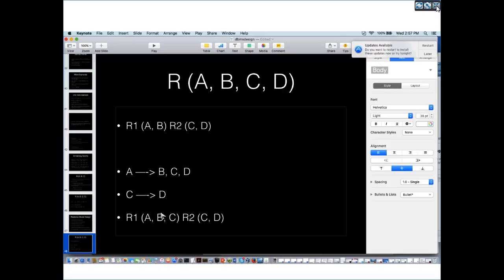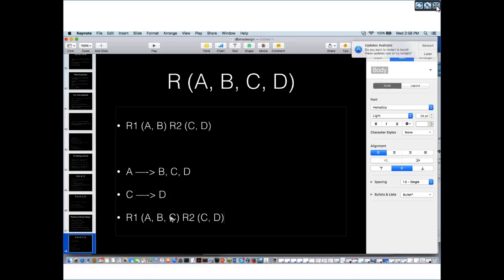Now if you split it like this, there should be a way by which, what this is saying is, the common attribute C across R1 and R2 determines D. Now you can see A determines C in this particular table, but C is also a key.